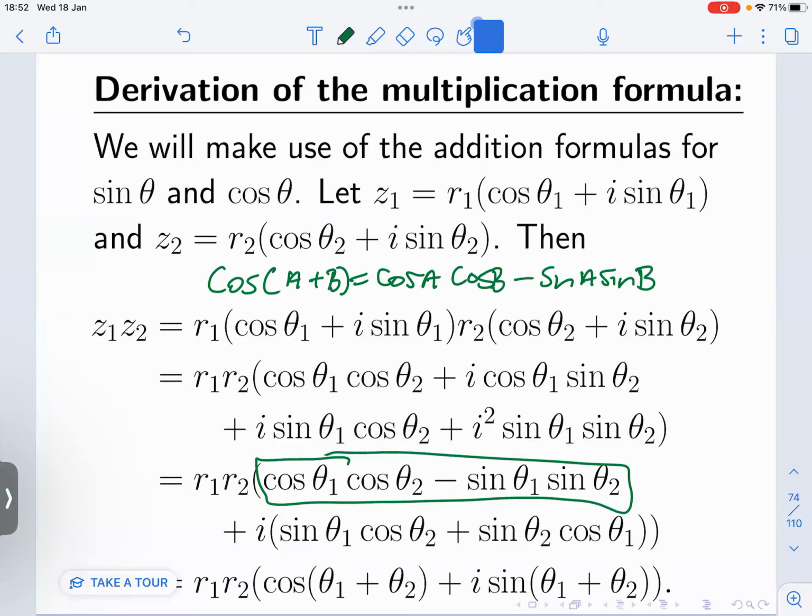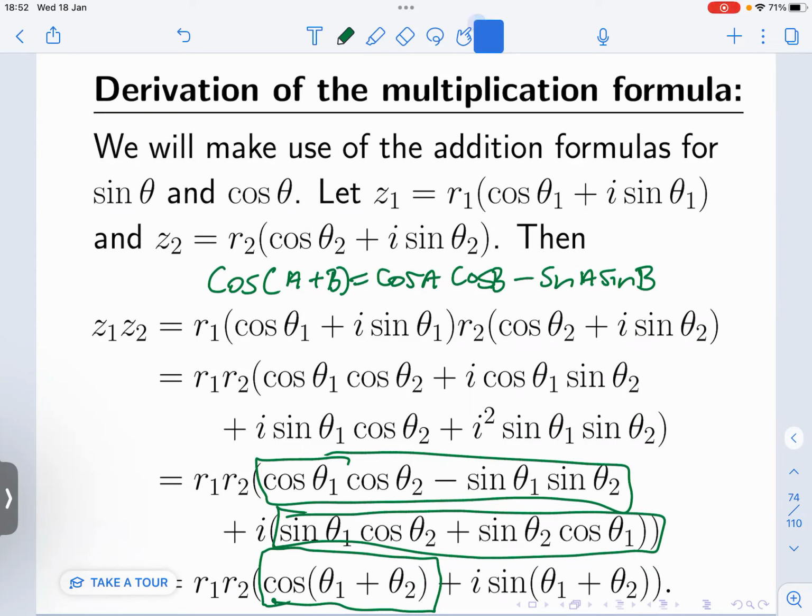That can be simplified into cos of theta 1 plus theta 2. And for sine of A plus B, we get sine A cos B plus cos A sine B. So that part can be written as sine of theta 1 plus theta 2, which proves the result that when you multiply two complex numbers in polar form, you simply multiply the two moduli and add the arguments.